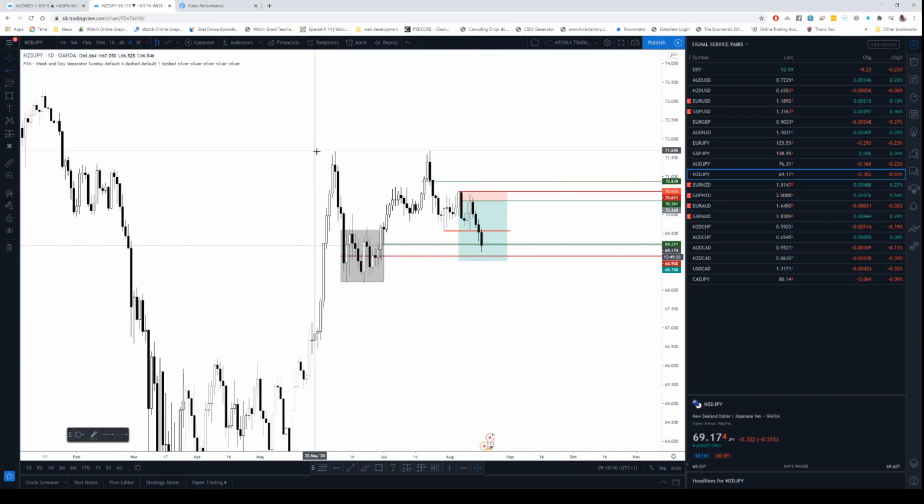After taking out this high, price reversed. So reversal comes with the same market conditions.